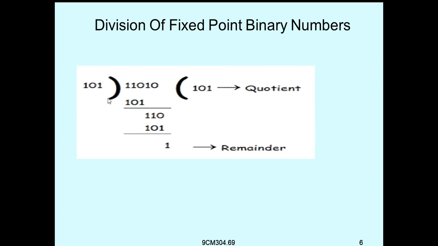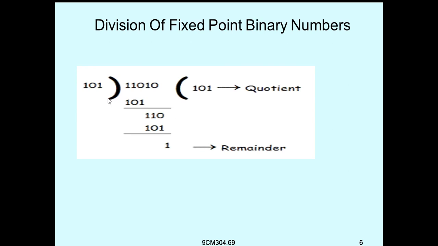So 2 power 4 is 16, plus 2 power 3 is 8, plus 2 power 2 into 0 is 0, plus 2 power 1 into 1 is 2, plus 2 power 0 into 0 is 0. So 16 plus 8 is 24, and 24 plus 2 is 26.